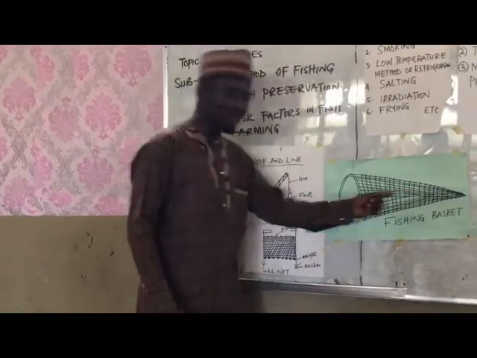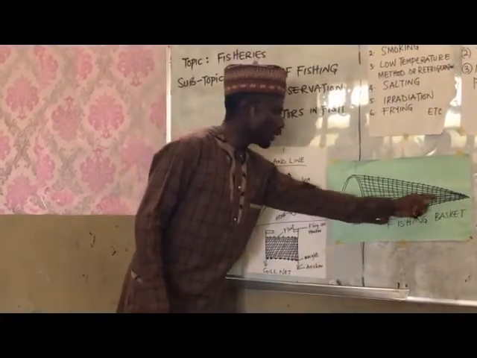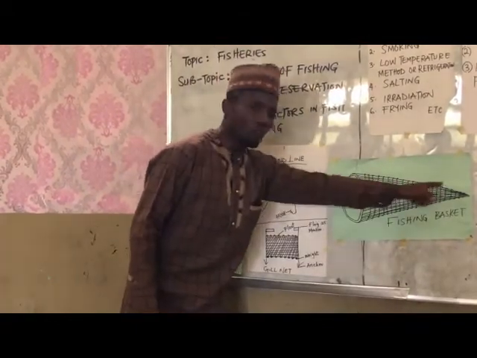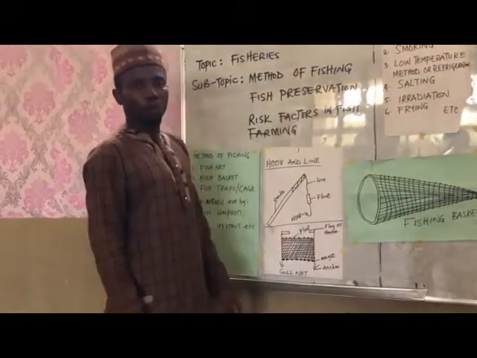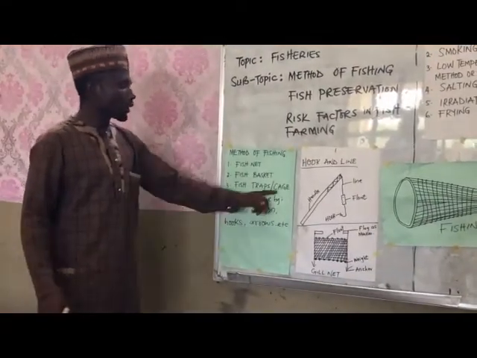Once they enter the cavity, they will not be able to come out again, because this you are seeing is a trap. Once their head gets into the mesh here, they will get stuck and will not be able to come back. That is fishing basket.